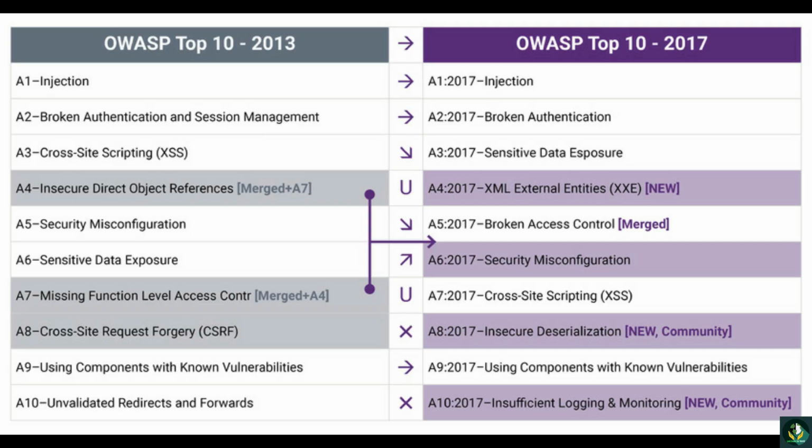Then security misconfiguration and broken access control merged in the 2017 version. Then missing function level access control and cross-site scripting XSS merged, and a new feature, cross-site request forgery CSRF.